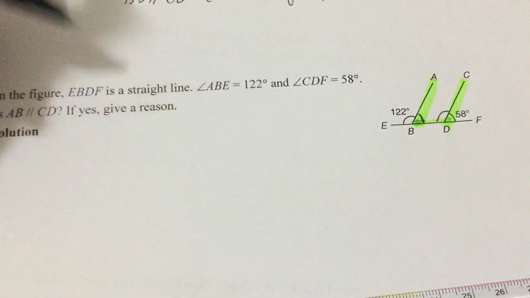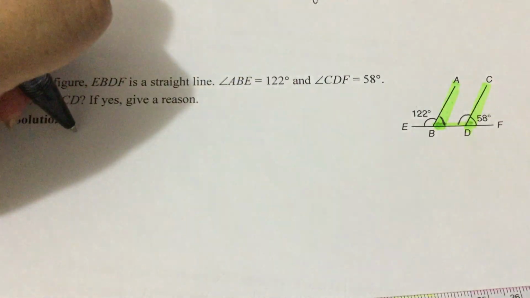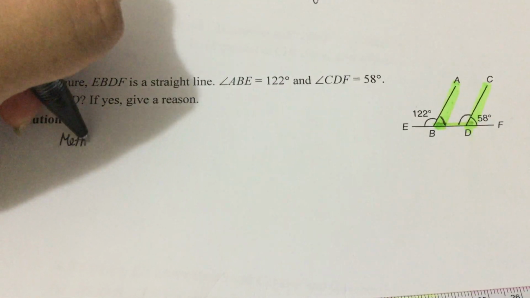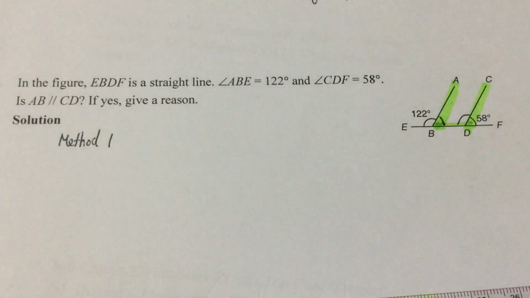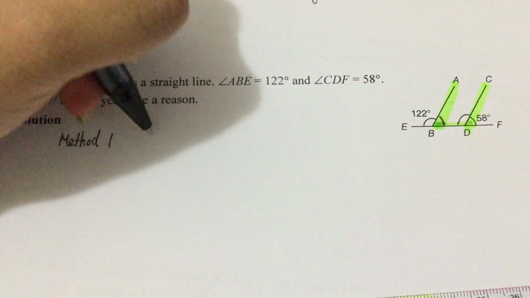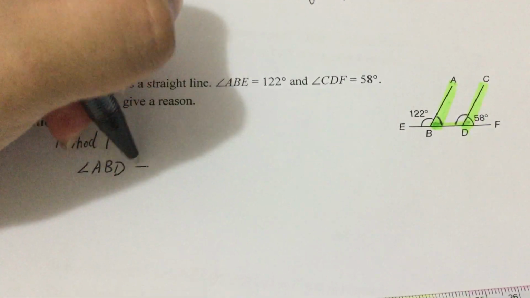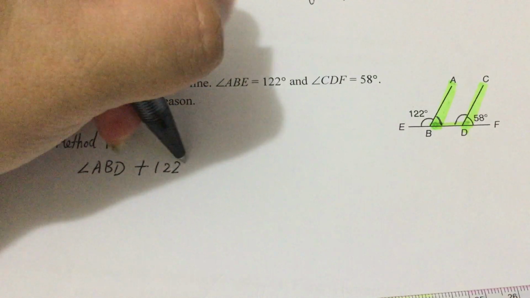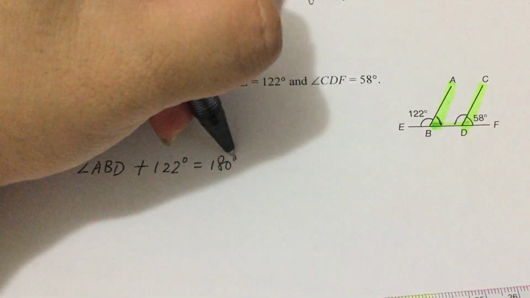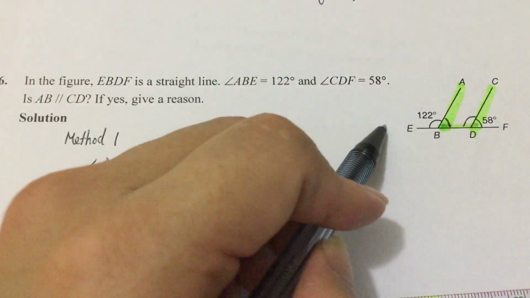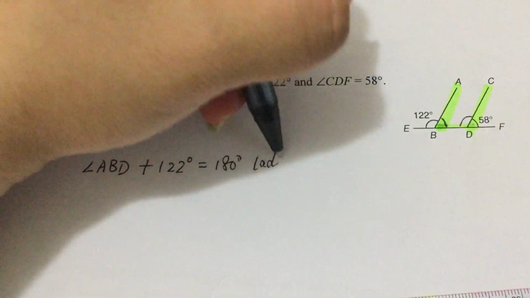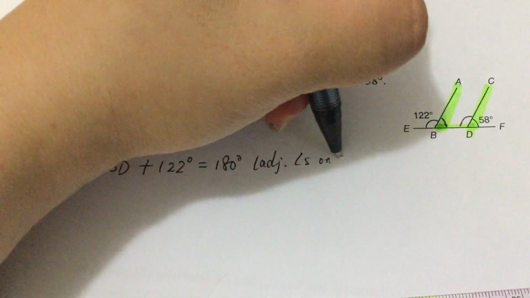Okay, let's do it. For example, method 1. Okay, we are going to use this one. Angle ABD plus 122 degrees equals 180 degrees, because this is on a straight line, so we can say these are adjacent angles on a straight line.